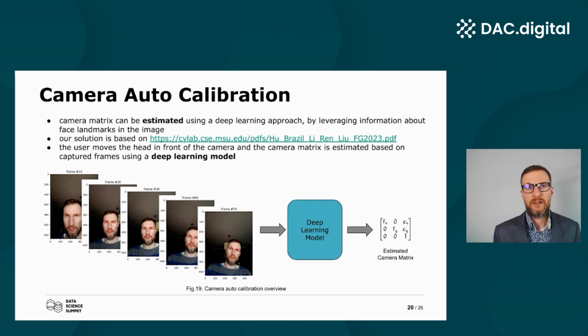We can use face landmarks found in a sequence of images to estimate camera matrix. Our solution is based on the paper provided under the link. The procedure requires the user to move the head in front of the camera for a few seconds. Face key points are located in every frame and fed into the deep neural network, which estimates the camera matrix.